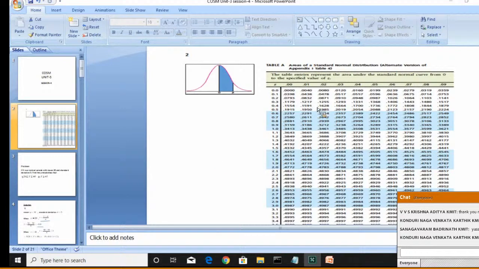You should find out where 0.1 is there in the middle, here. You get the first starting value I want.